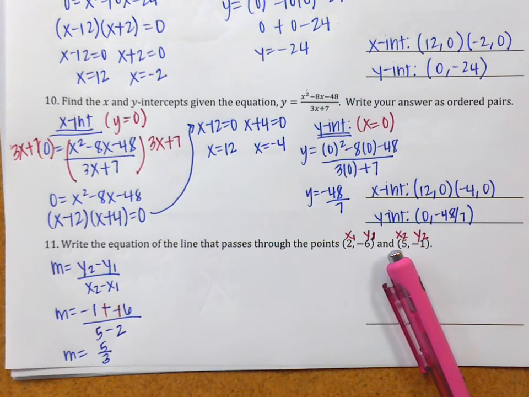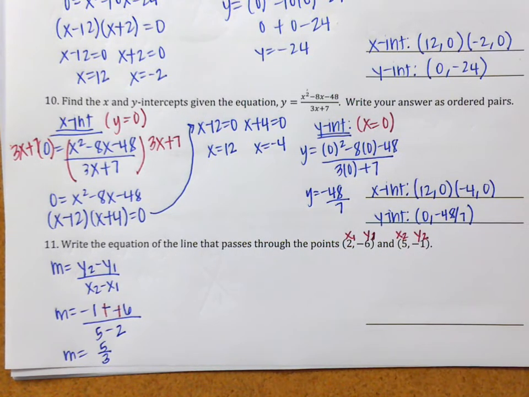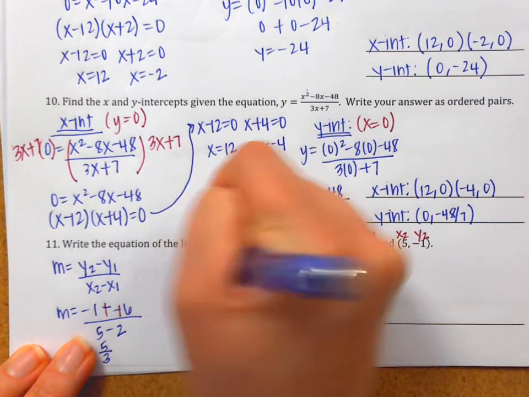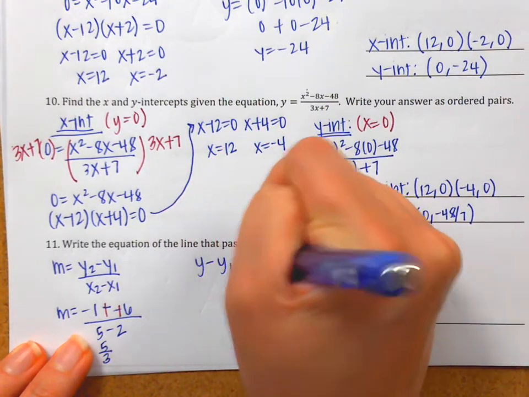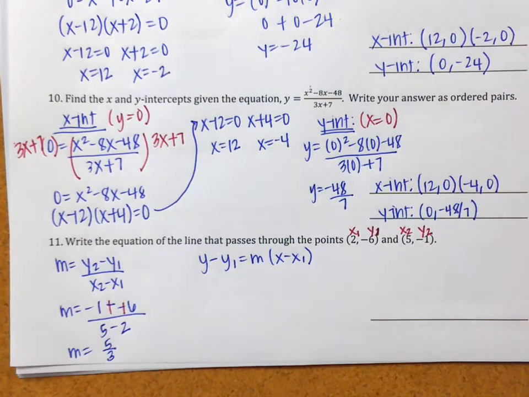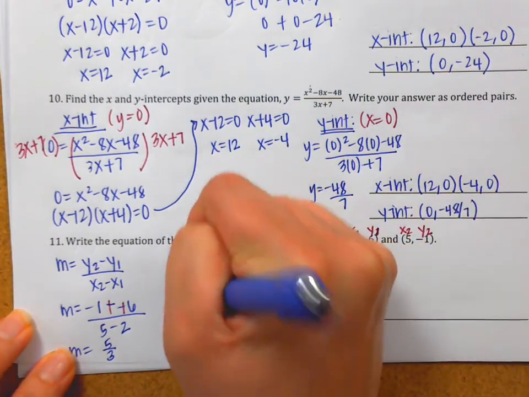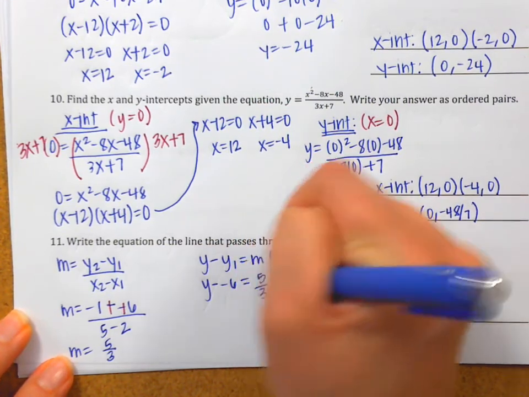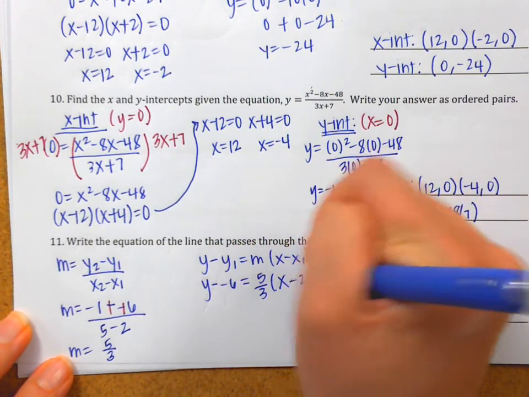So from there, now that I have my slope, I'm going to use point slope form. Remember, point slope form is y minus y1 equals m times x minus x1. And I can use either point. It doesn't matter. I'm just going to use 2 and -6. So that's going to be y minus -6 equals 5/3 times x minus 2.